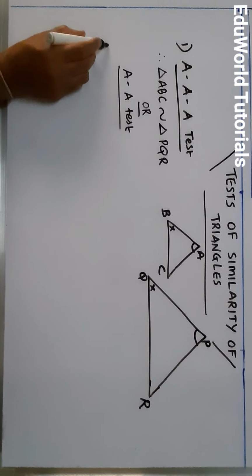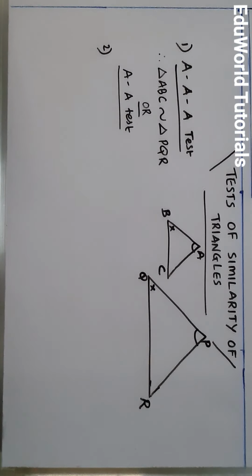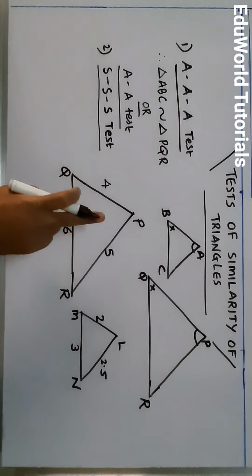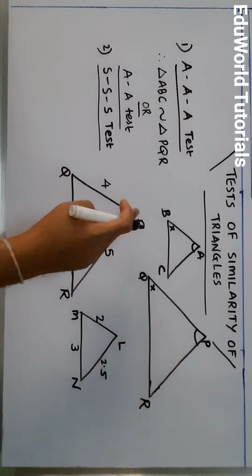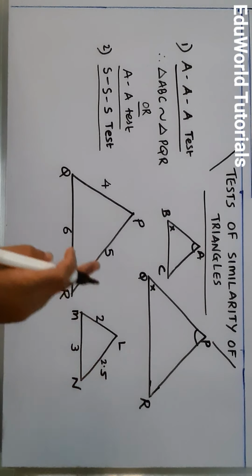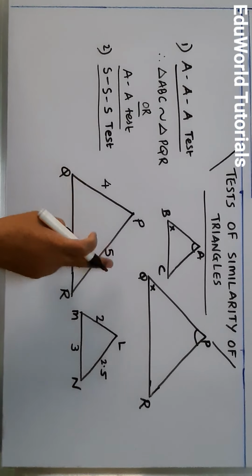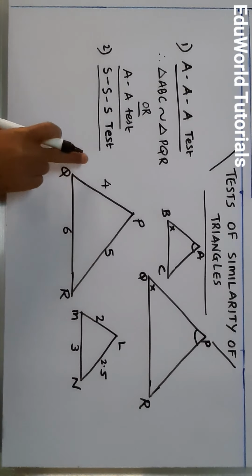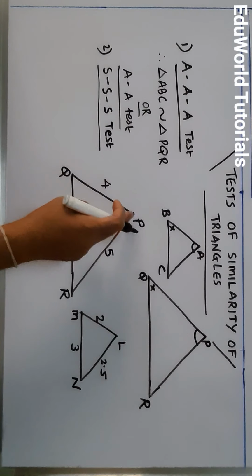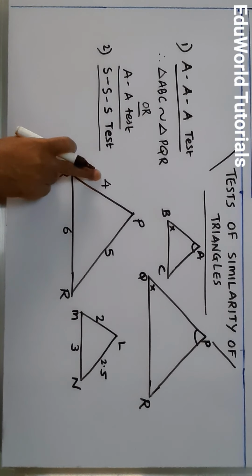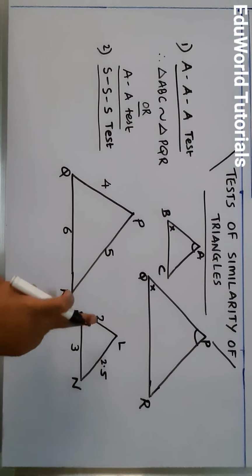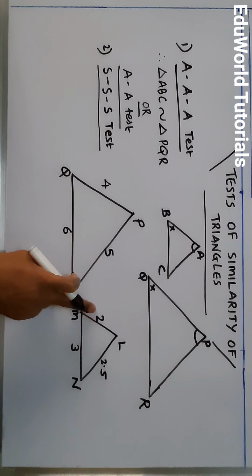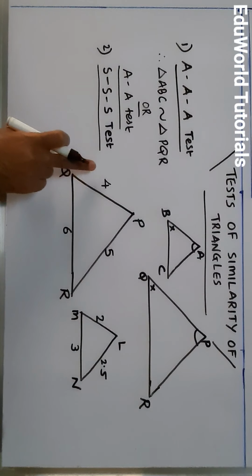Now we will see the second test of similarity of triangles. You are seeing I have drawn triangle PQR and triangle LMN, and I have written the lengths of the sides. Side PQ is 4 units, side LM is 2 units. If these are corresponding sides, what relation do we see?